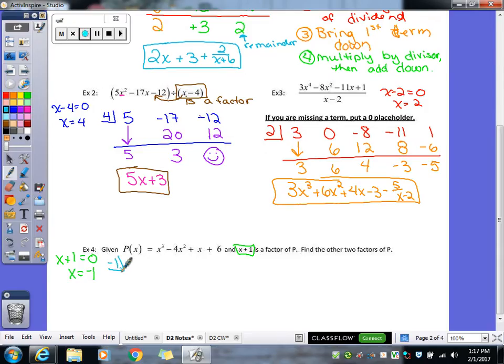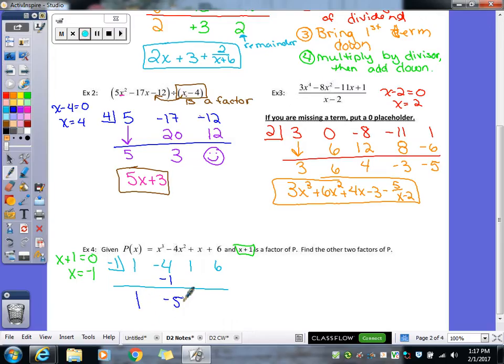Is our polynomial missing any terms? Nope. So we're going to have a 1, a negative 4, a 1, and a 6. So again, I bring down my 1. 1 times negative 1 gives us negative 1, but when I add it, I get negative 5.